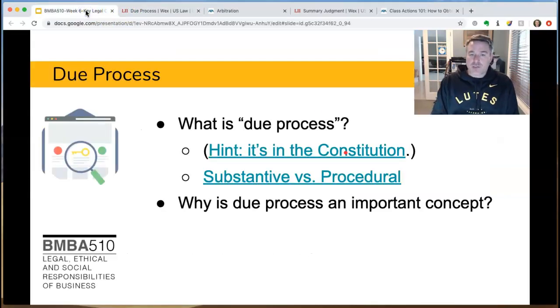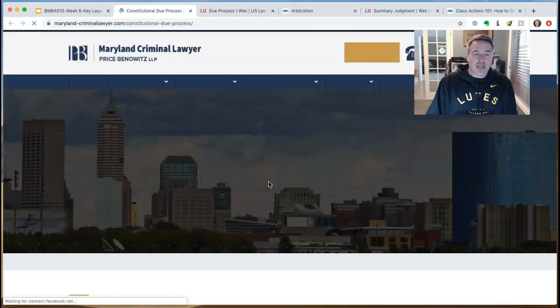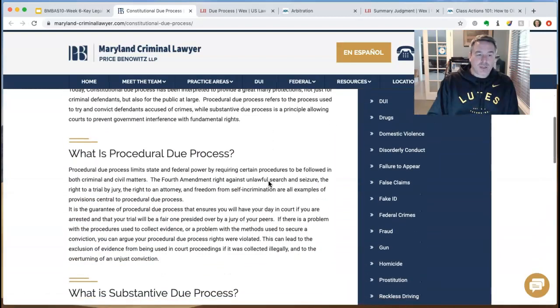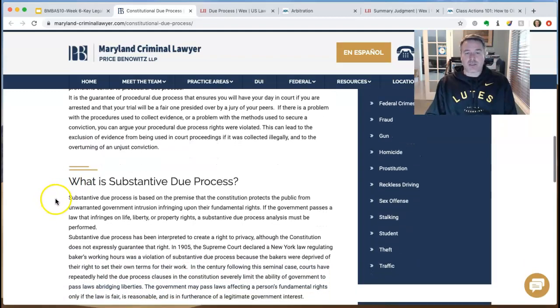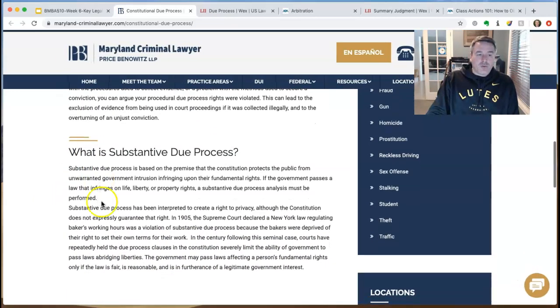So there are actually two kinds of due process. One is what we call substantive, and the other is procedural. Substantive due process has to do with the substance of your argument.